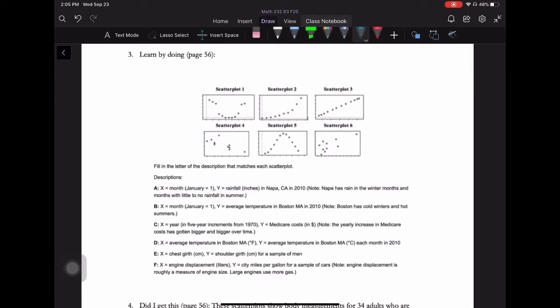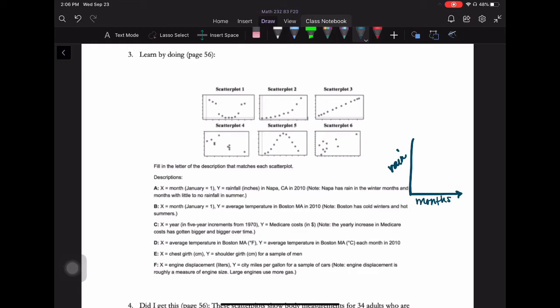All right, the first one is X is the month, which means that on the x-axis, the lower plot would be the month. January would be 1, so months are going this way. And then the average rainfall would be here. And Napa has rain in the winter months and months with little to no rain in the summer.